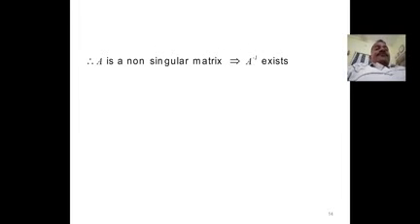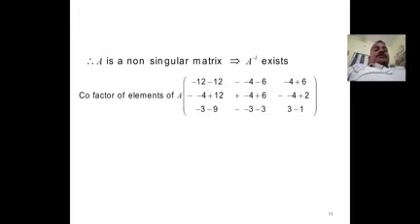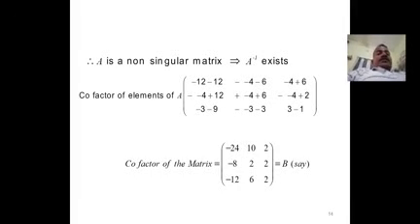For getting that A inverse, we have to find the cofactor matrix of A, where the elements are replaced by their corresponding cofactors. After getting the cofactor matrix as minus 24 10 2, minus 8 2 2, minus 12 6 2, we can call this B, because it's more convenient to find the adjoint of A. Adjoint of A is the transpose of B. So after transpose of B, you get minus 24 minus 8 minus 12, 10 2 6, 2 2 2.